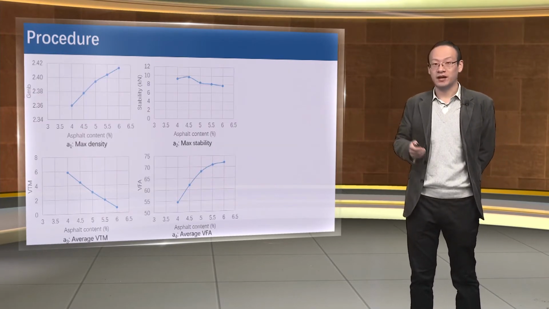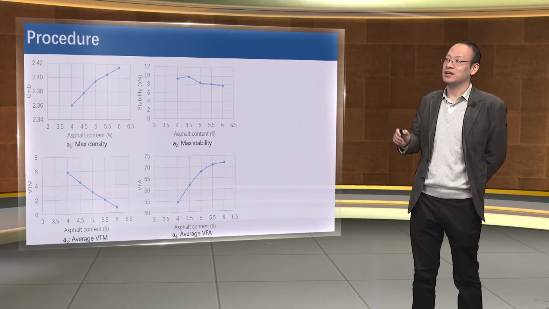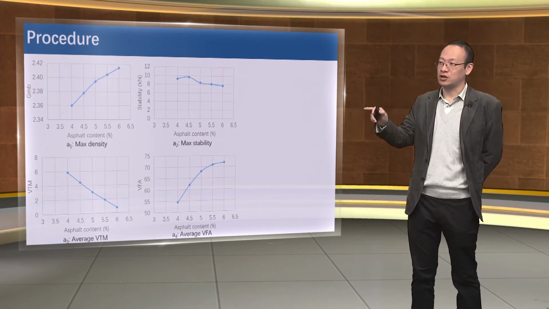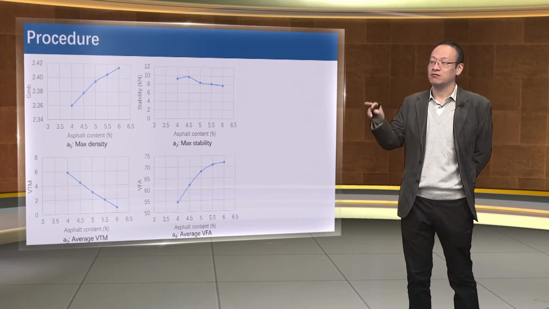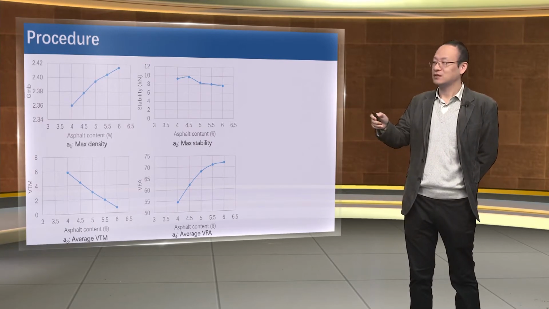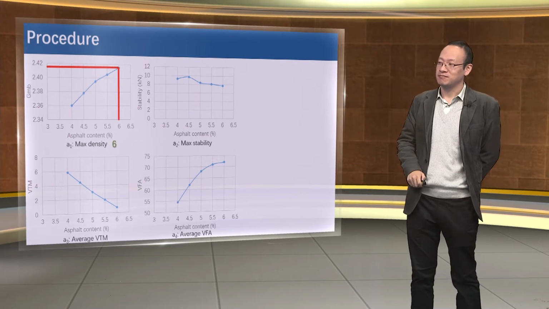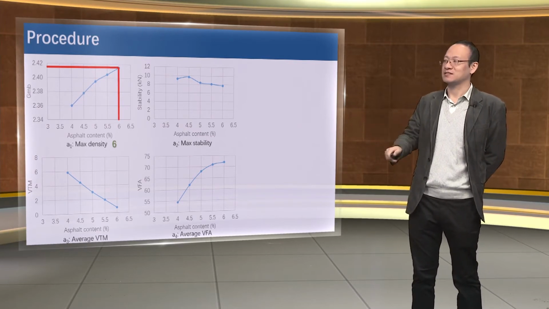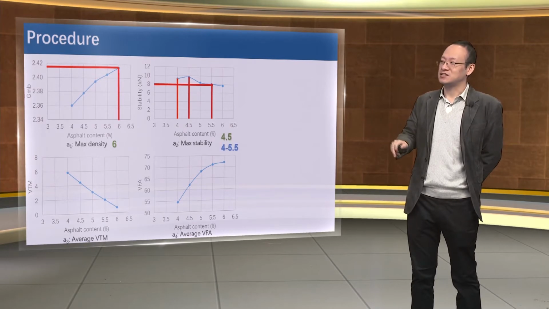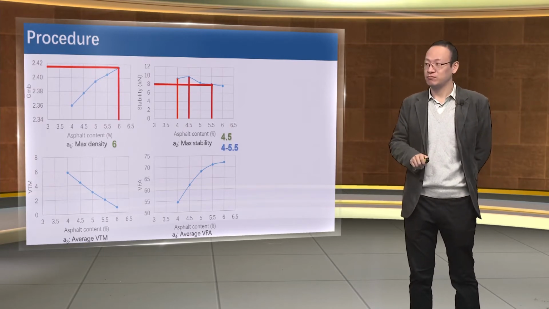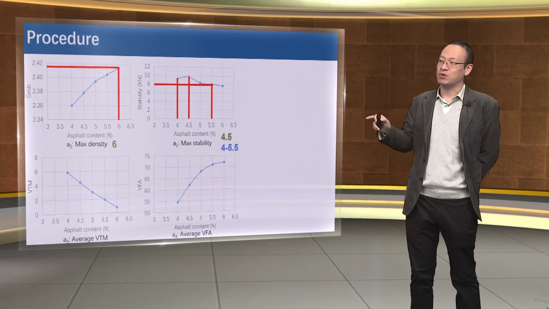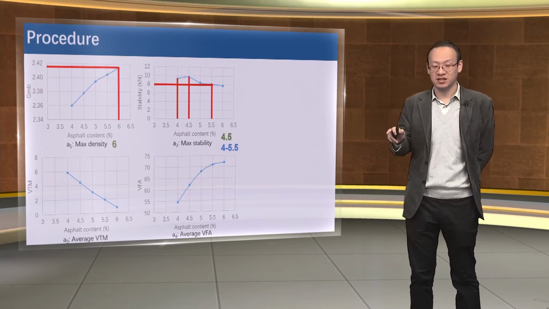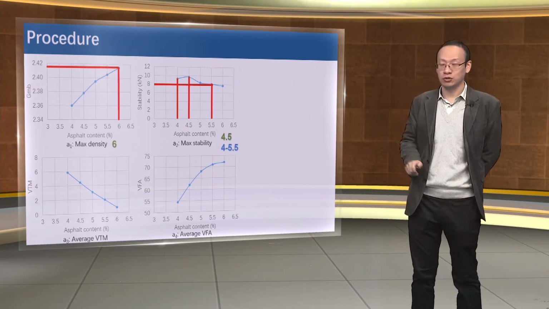Now, let's see how to find OAC1. So firstly, I have the chart of asphalt content versus the 4 characteristics. For max density, we can see that it is 6%. Max stability is at 4.5%. And remember, we want Marshall stability higher than 8 kilonewton.